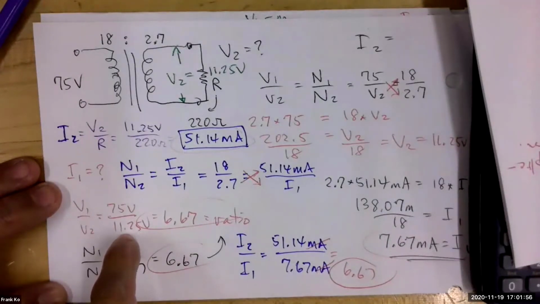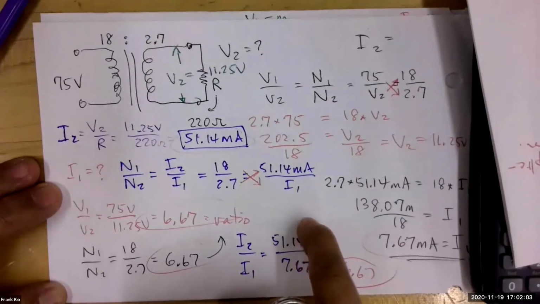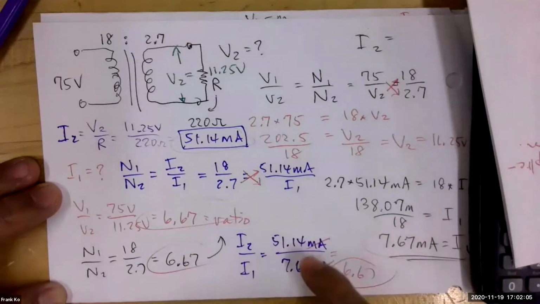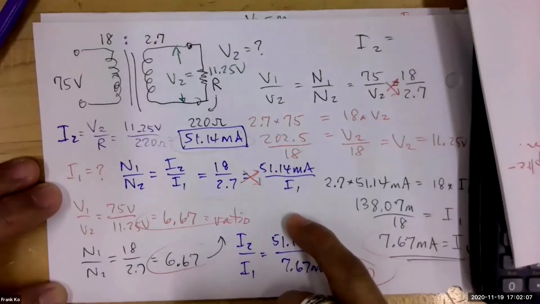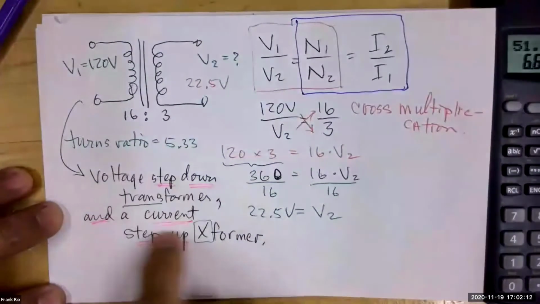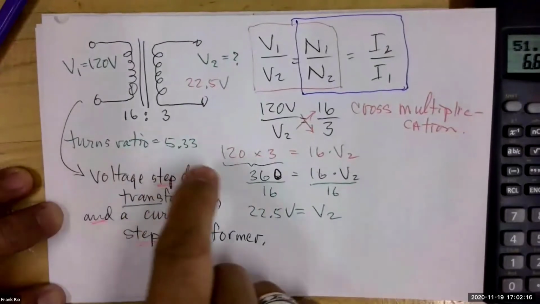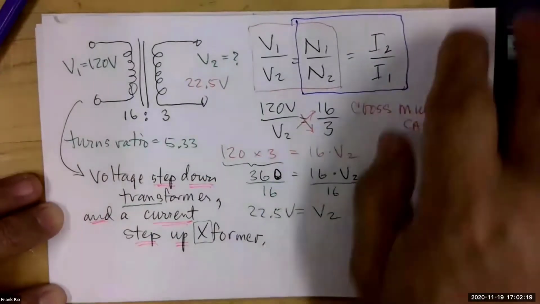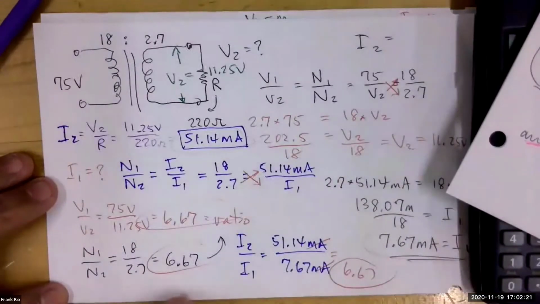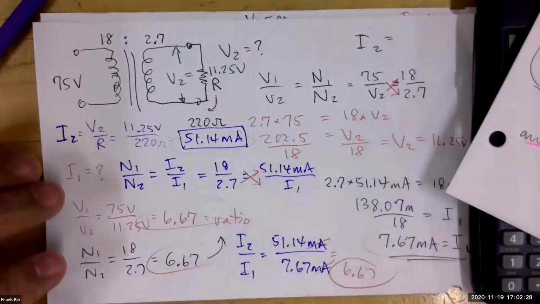Did the current start from a lower current, 7.67, to a higher level, 51.14 milliamps? Did the current step up? So did the numbers validate how we name this transformer? If the transformer steps voltage down, it will step up current. And did it in fact step voltage down? And did it also in fact step current up? The answer is yes.